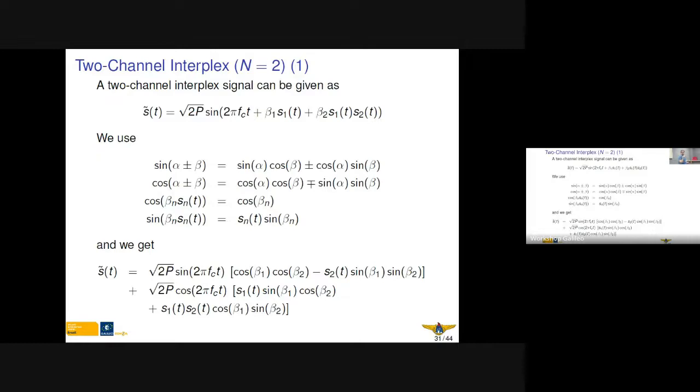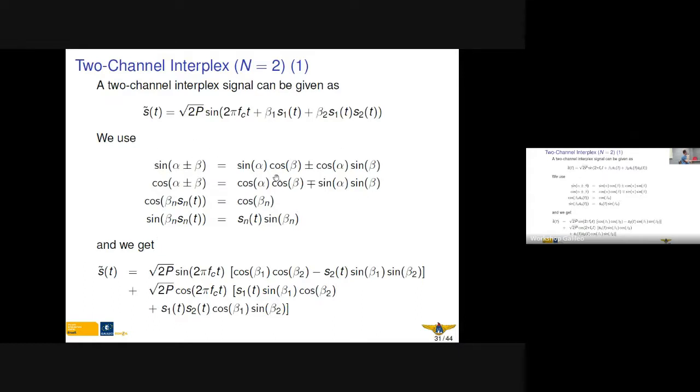Now let's have a look at the case of a two-channel interplex. We start very simple here. So we can include here the phase term for the two-channel interplex. We have now beta 1 times S1, and beta 2 times S1 S2 as the phase term of the signals. We can apply the following theorems here.